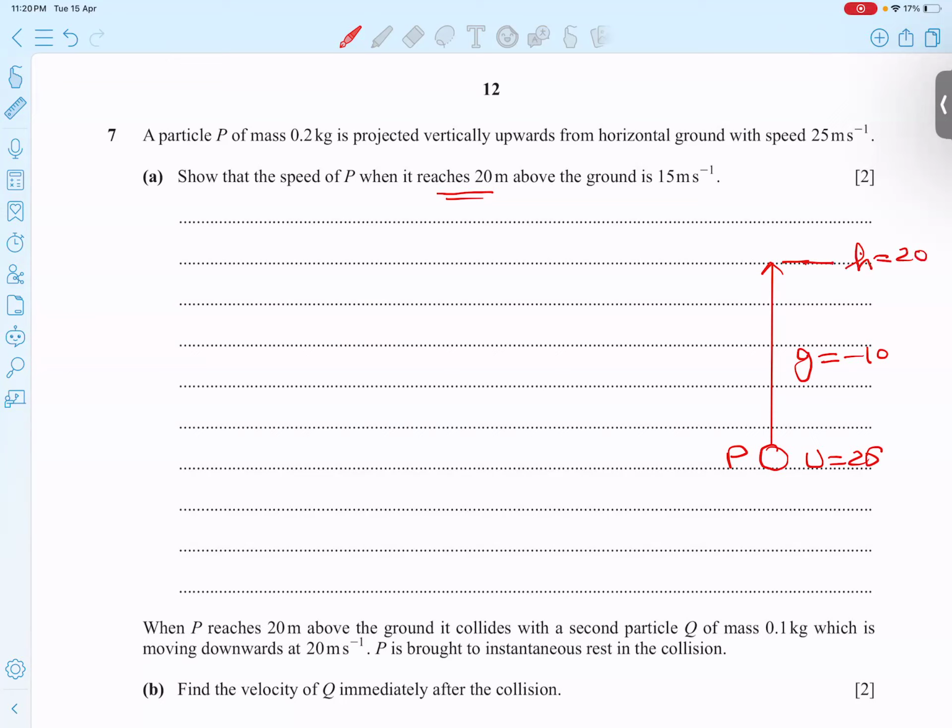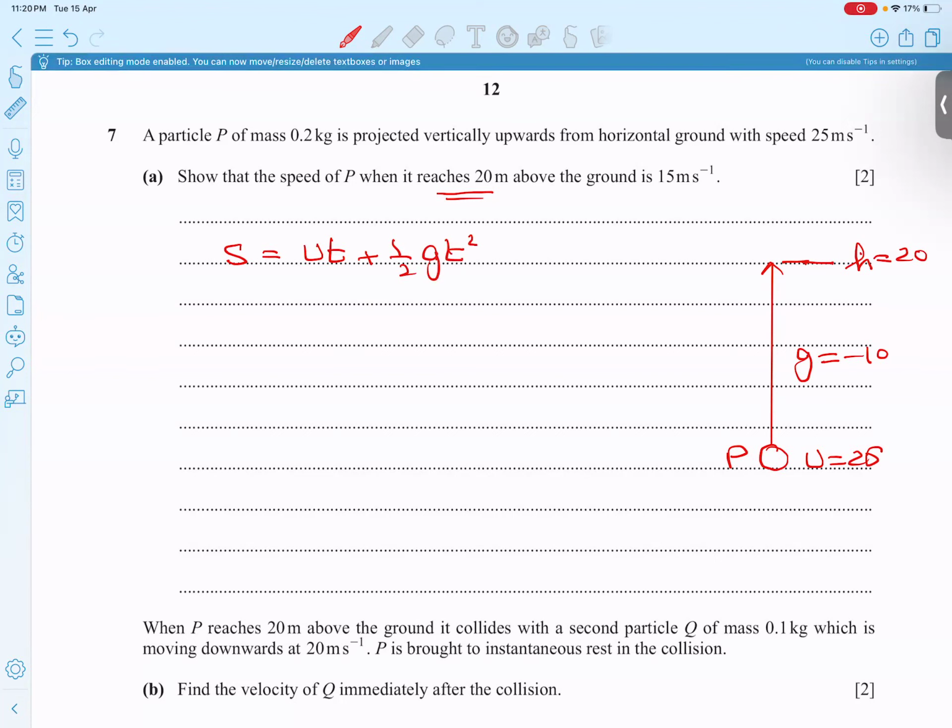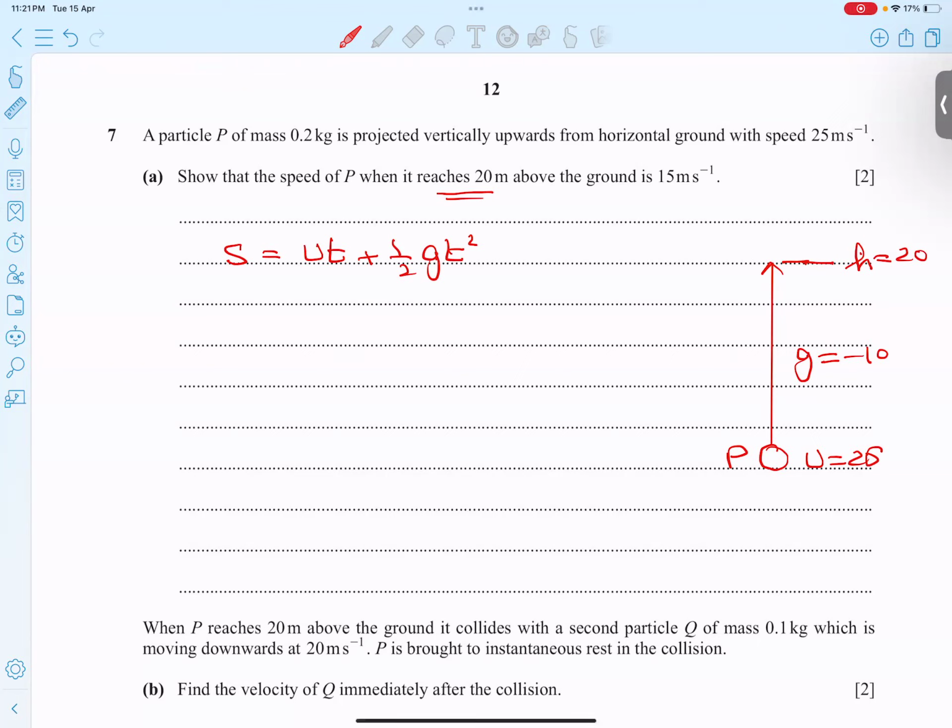So what is the formula we use? S is equal to UT plus half GT squared. And S is what? 20 meters. And U is 25T, -10 T to the power 2.